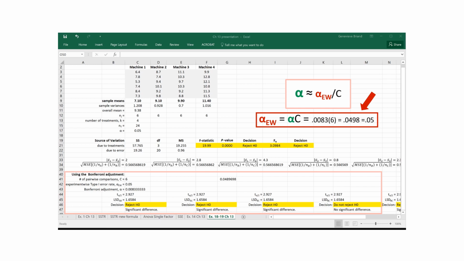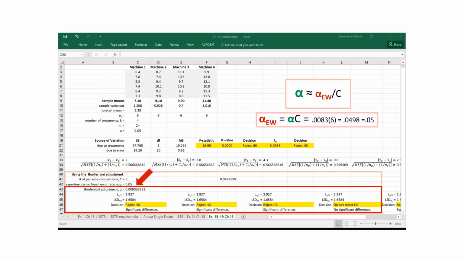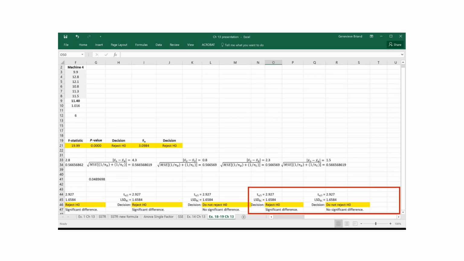So here with our algebraic expression, we can see that 0.0083 times 6 pairwise comparisons, we are indeed going to get to 0.05 for the experiment-wise type 1 error that we were targeting. So all we did is recompute our critical t-value and LSD term with this new adjusted alpha value. Here are the rest of our pairwise comparison tests using the adjustment.